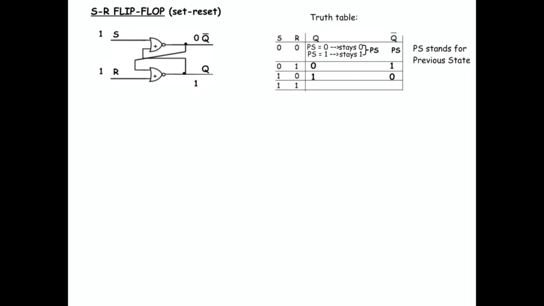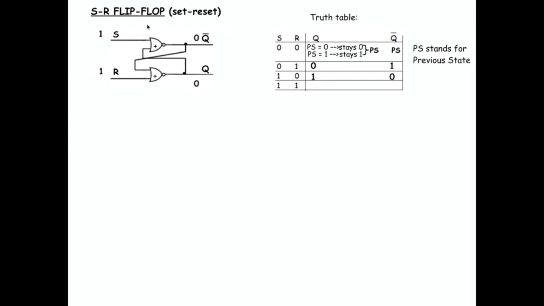So what if both S and R are 1? Interesting, right? If we follow this, then what we'll get is both Q and complement of Q will get 0, right? If you don't believe me, let's say that Q was 1 and complement of Q was 1.